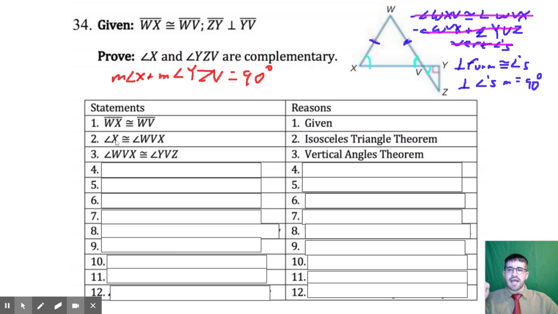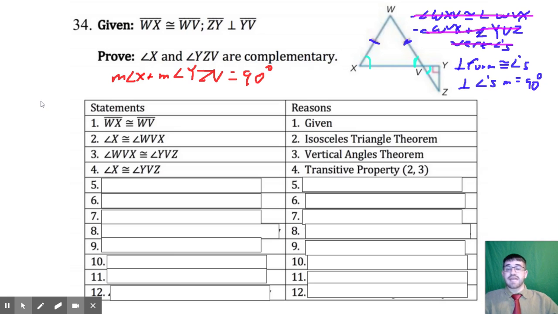So notice we have angle X is congruent to angle WVX. And we have WVX is congruent to angle YVZ. And if you look at our diagram, they're all marked with the same teal tick mark, which allows us to say that angle X is congruent to angle YVZ, and that's by the transitive property.